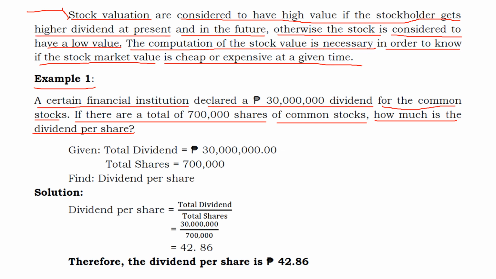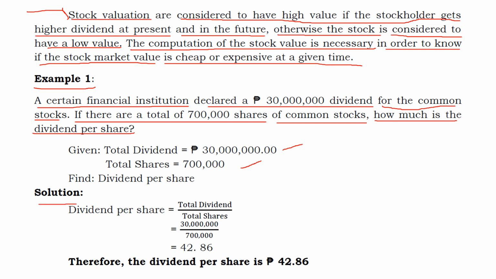First thing to do is to list down all the given values: 30 million pesos as the total dividend and 700,000 as the total shares.